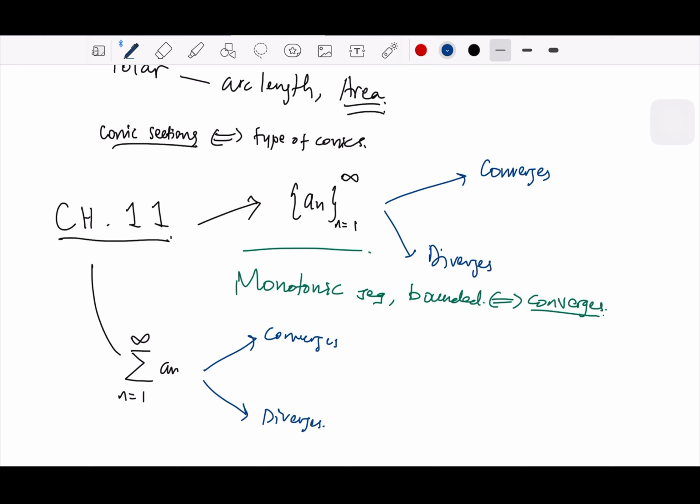You need to distinguish between the series and the sequence. The sequence is just an order, while the series is when you are adding term plus term plus term. We can represent the sequence inside the series: we have a sequence, and we add all the terms, which becomes a series.